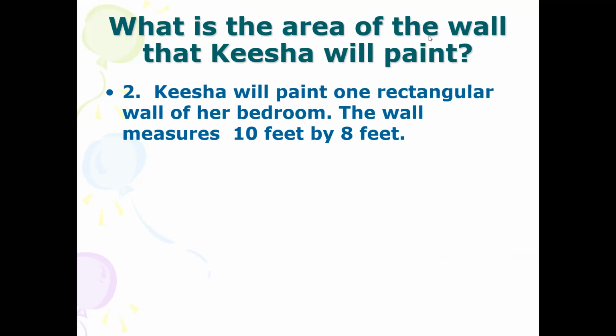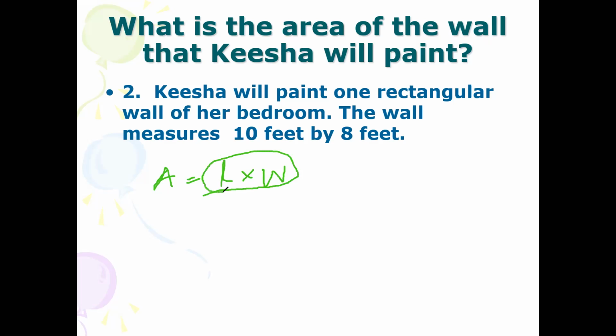We know that the formula for area is equal to length multiplied by width, and this is also like an algebraic expression, because in this case the values of length and width are given.